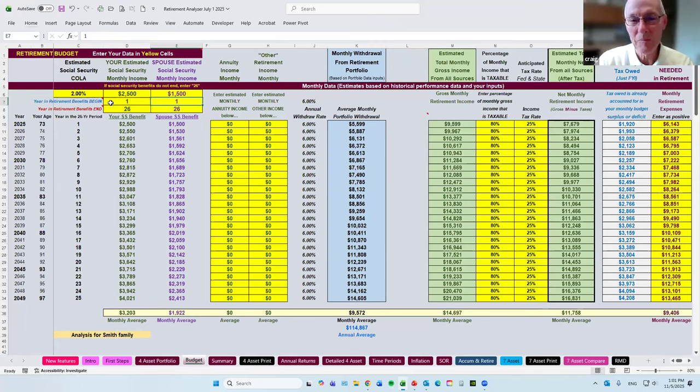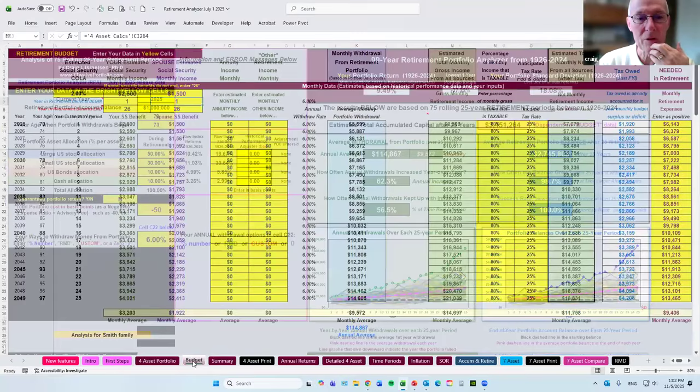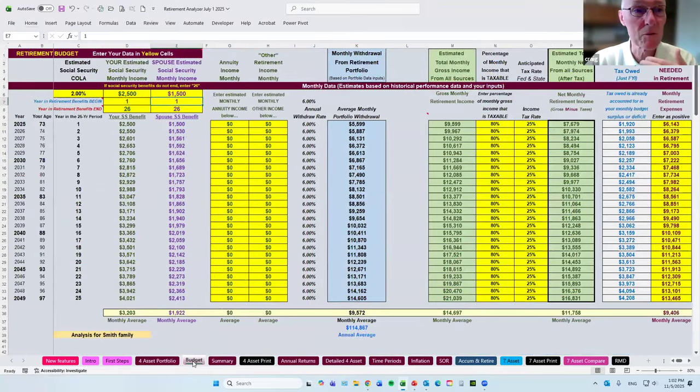Anyway, I just find that I wish people would focus on the two parts of the puzzle as opposed to just the one, if that makes sense. Well, for a lot of years, as I was building this tool, I really focused on just this 4-asset portfolio tab. It was all portfolio centric. Right. And then my hiking buddy said, well, what about cash flow? My response was, well, I assume people can just build a spreadsheet on their own to do cash flow analysis or budget analysis.